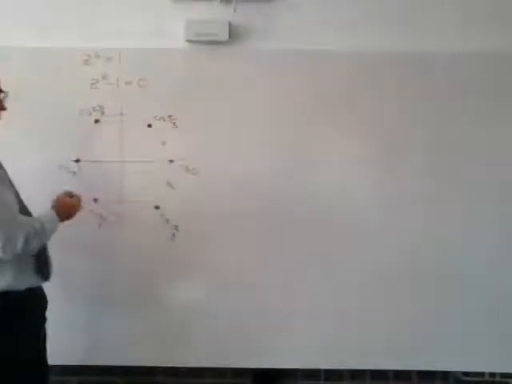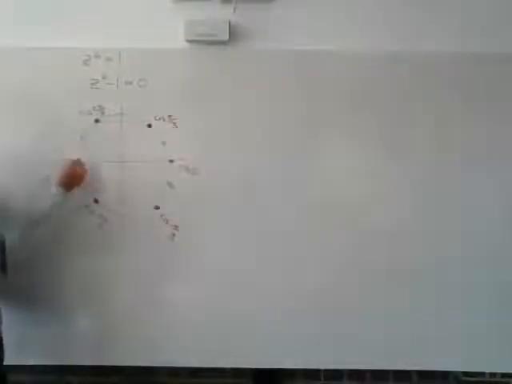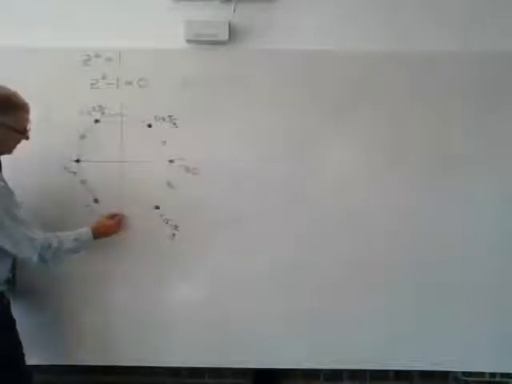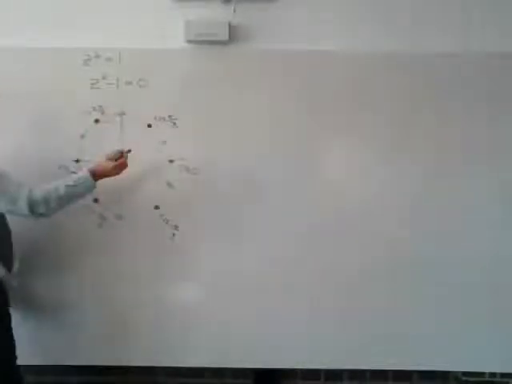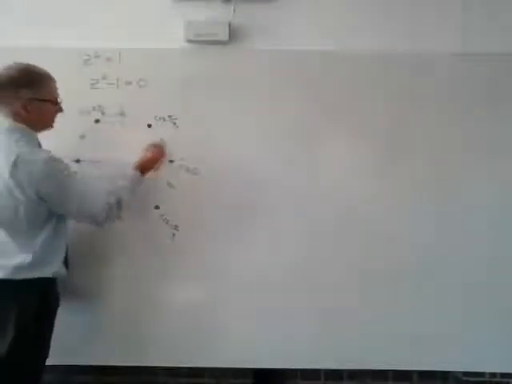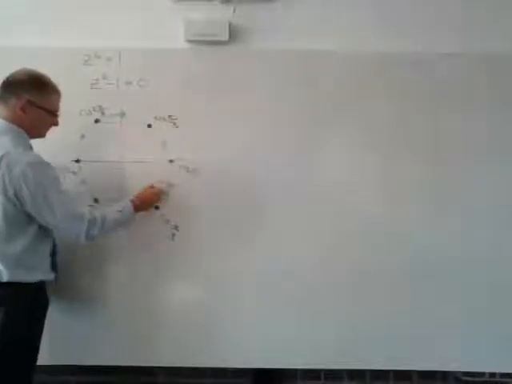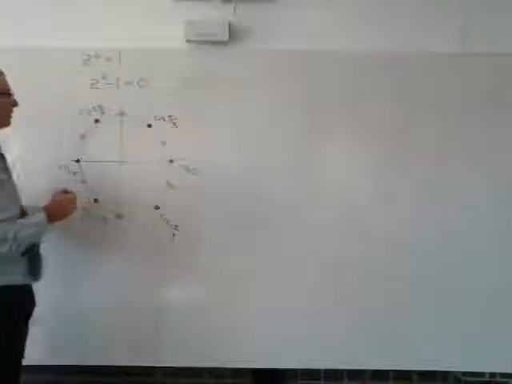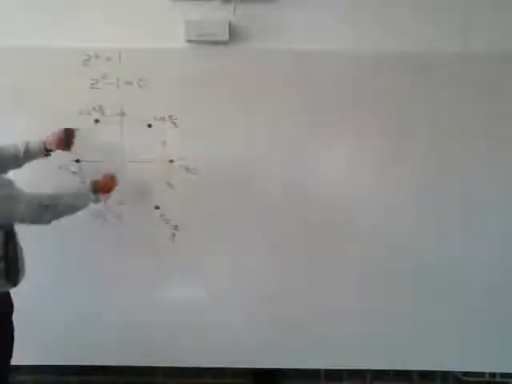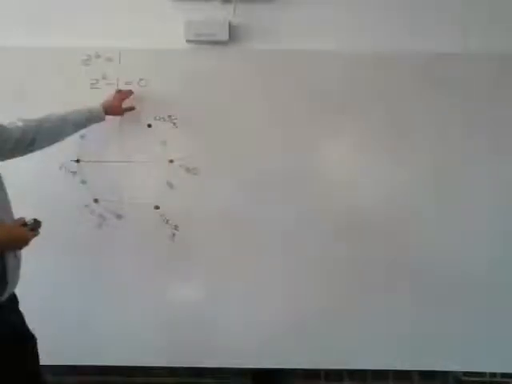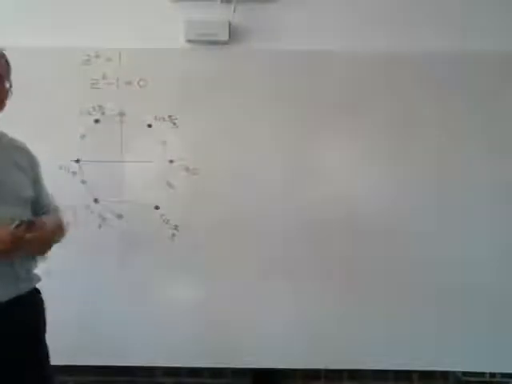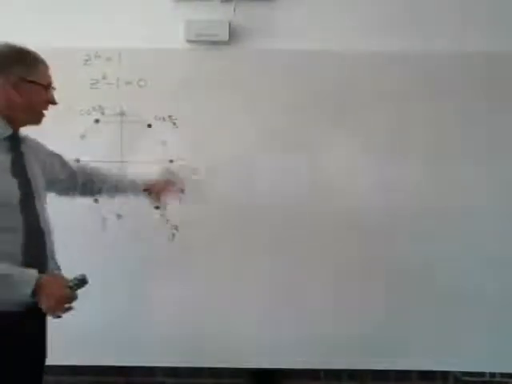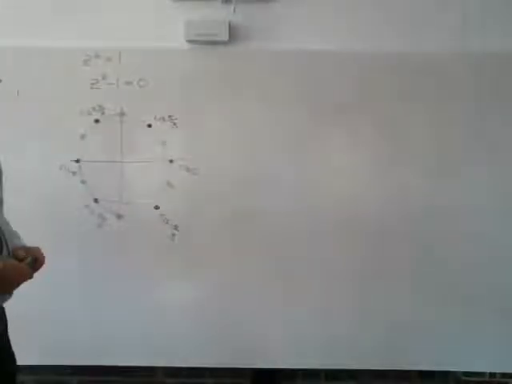So those two will go together, which means those two will go together, and we've got to go there and there, which is going to give us a regular hexagon as well. These are just rotations of each other, these two polynomials, and forming z to the 12 minus 1 in combination.